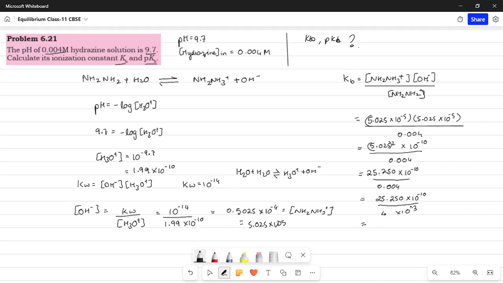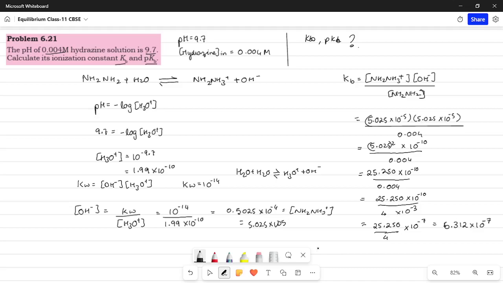So when we take this 10 to the power minus 3 from the denominator to the numerator, you'll be left with 10 to the power minus 7. So you have 25.250 divided by 4 into 10 to the power minus 7. This gives us a value of 6.312 into 10 to the power minus 7.